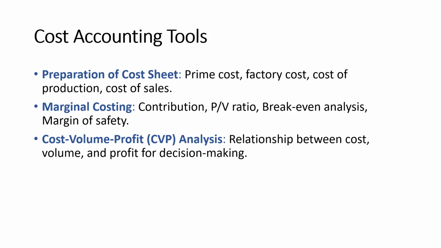So preparation of a cost sheet includes prime cost, factory cost, cost of production, and cost of sales. Then marginal costing, that is contribution, PV ratio, break-even analysis, and margin of safety. Then cost volume profit analysis, which focuses on the relationship between cost, volume, and profit for decision making.